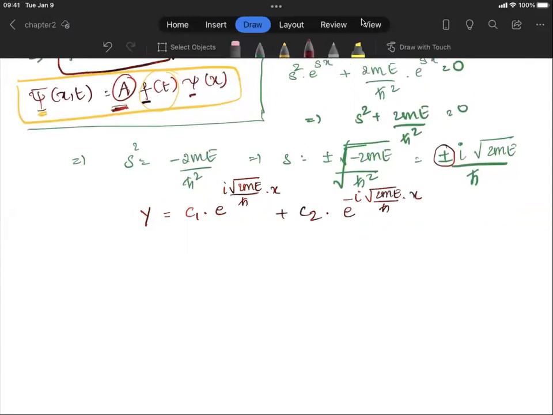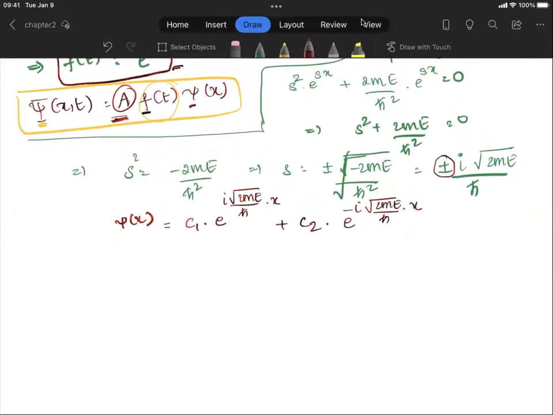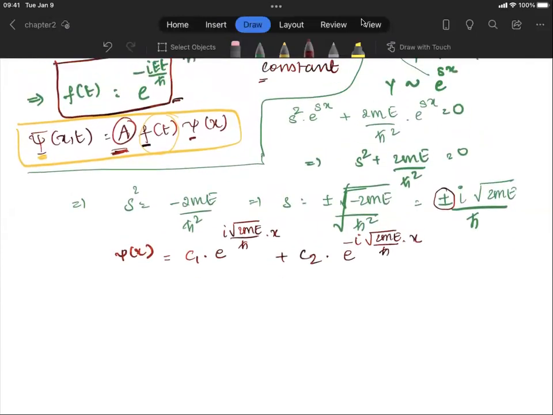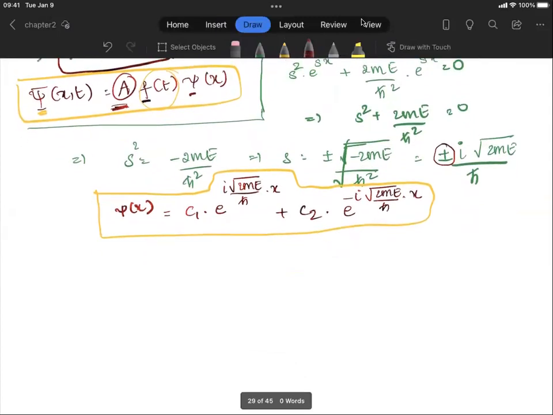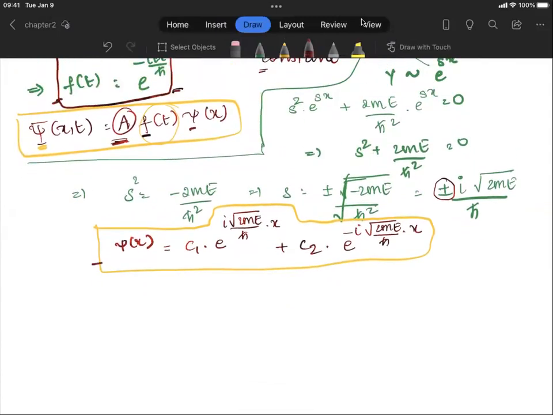So in this case, y is nothing but psi of x, right? So we have found out the form of psi of x. Now we know what f of t is. We also know what psi of x is.